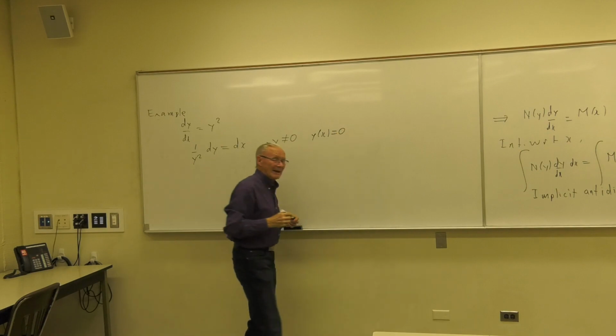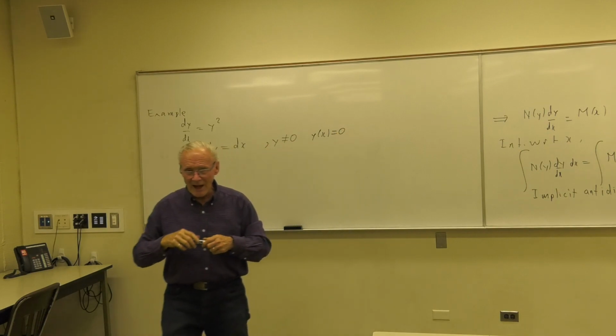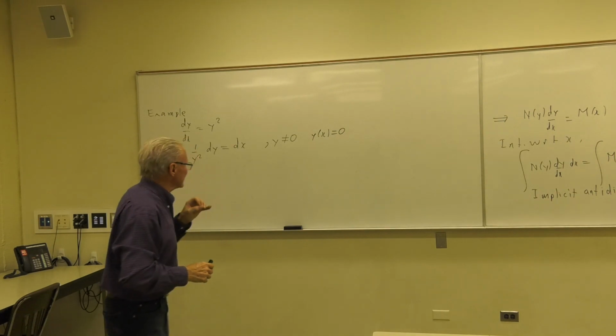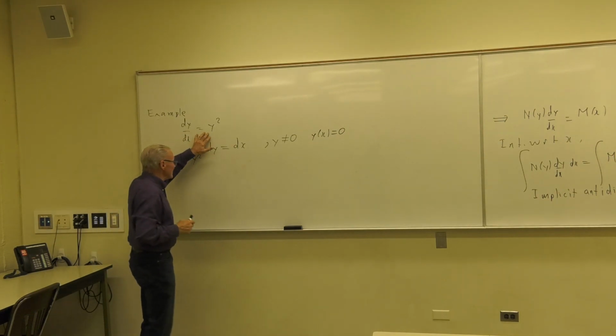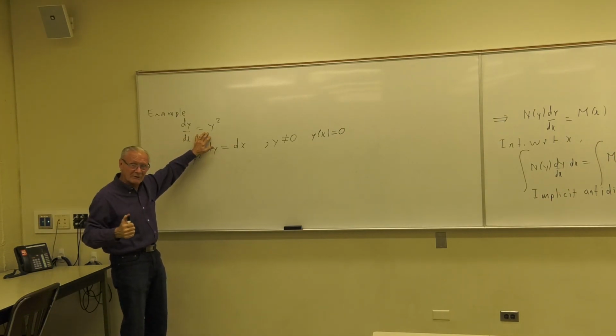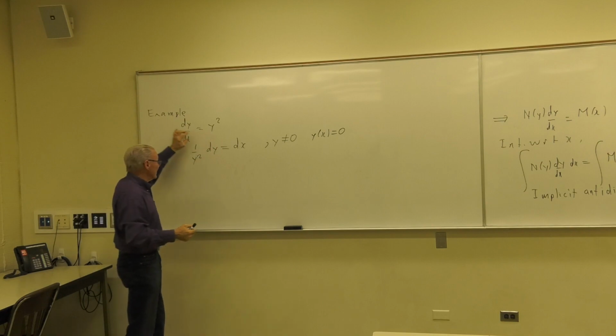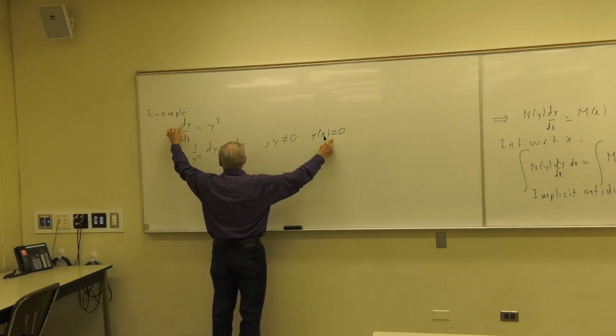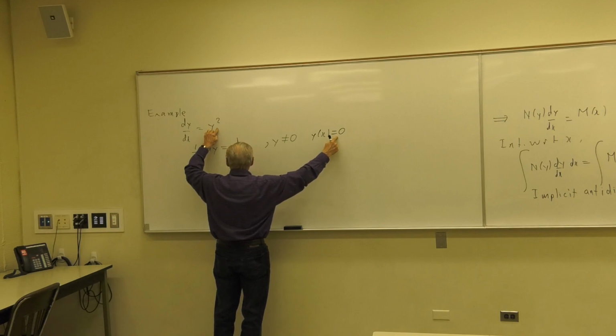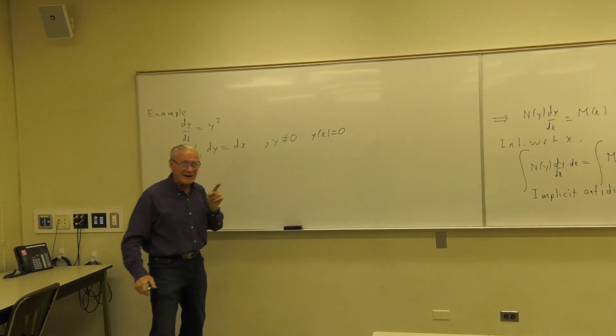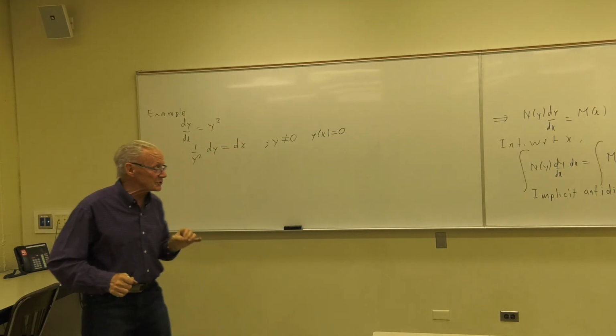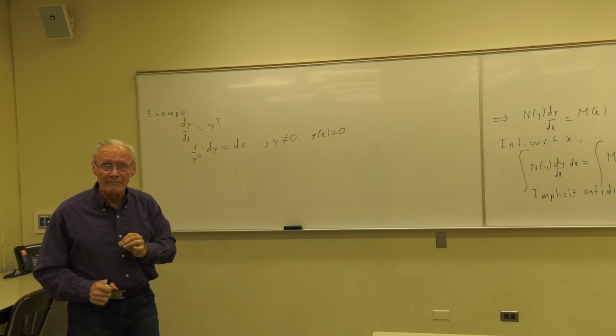Not a particularly interesting function, but I'm going to ask the question, is that a solution of the original differential equation as given? And the answer is yes. If you differentiate 0, you get 0. And if you square 0, you get 0. So that guy is a solution of the original problem.